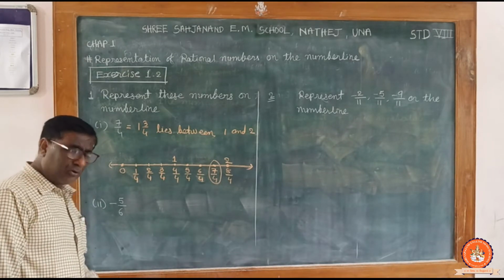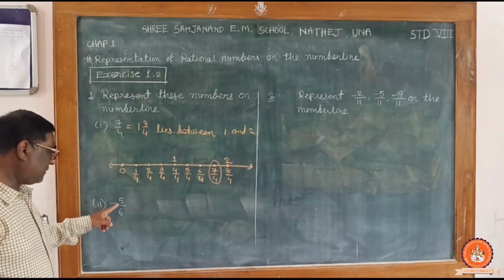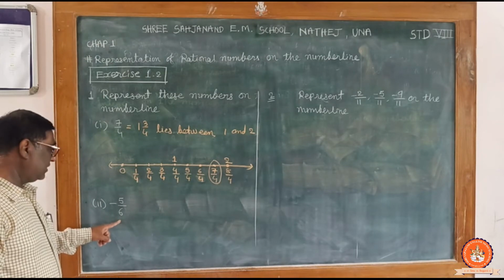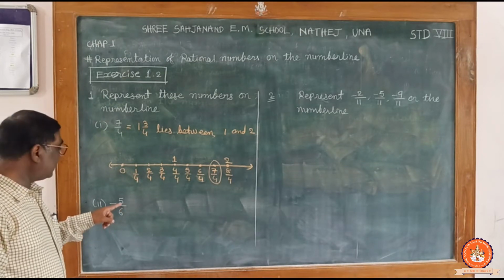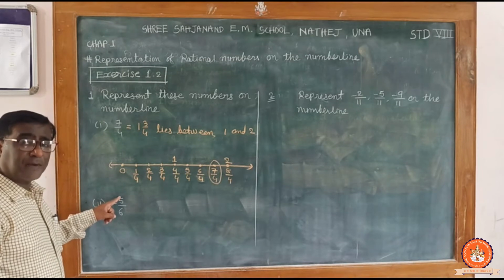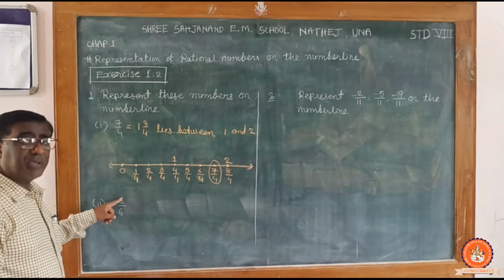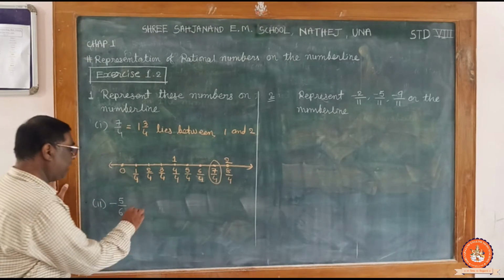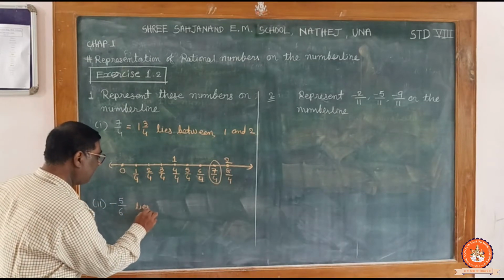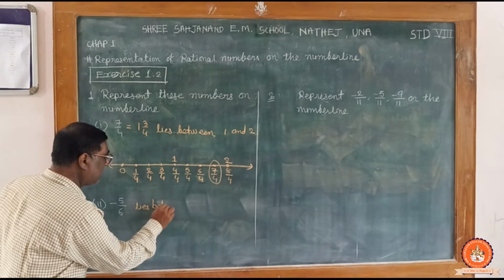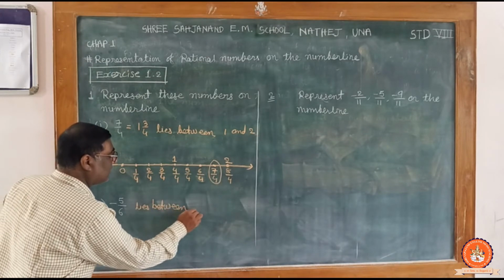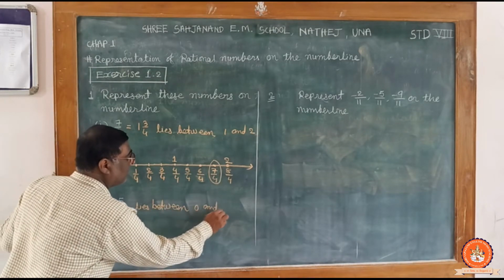Okay. Now this one, minus 5 upon 6. Now this one is a proper fraction and it's a negative number. So being a proper fraction and a negative number, it lies between 0 and minus 1.